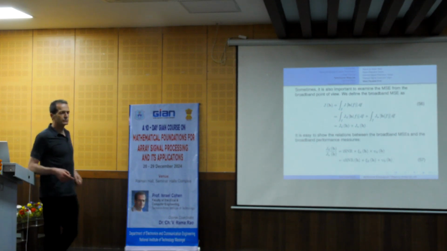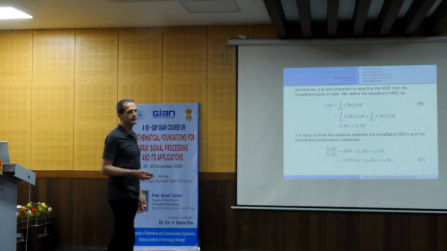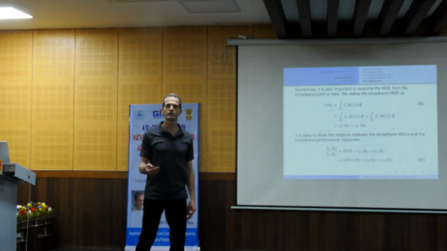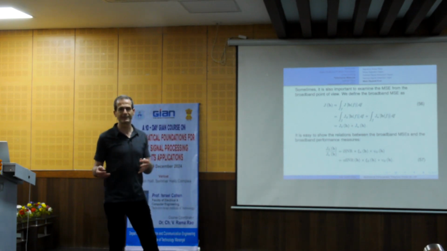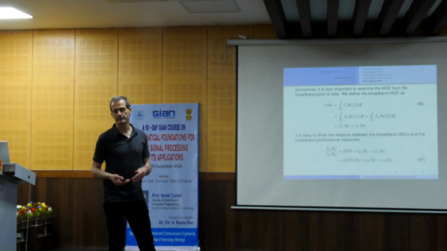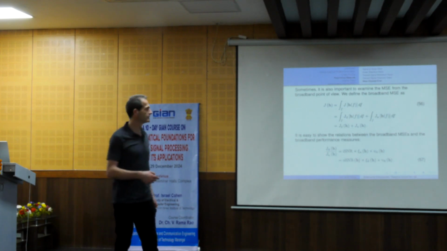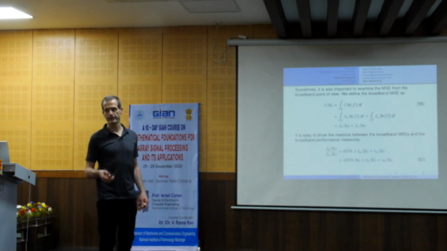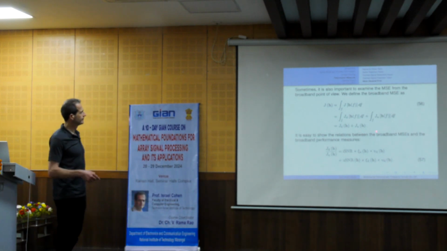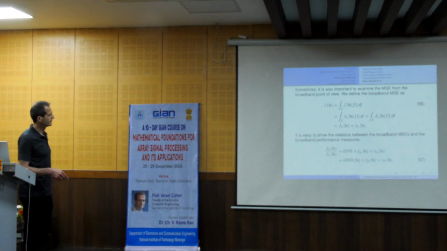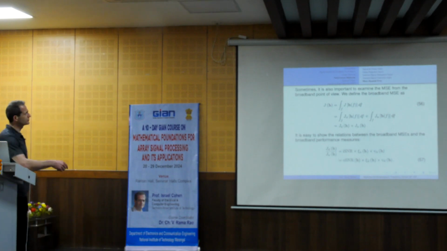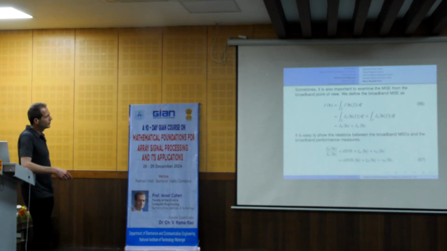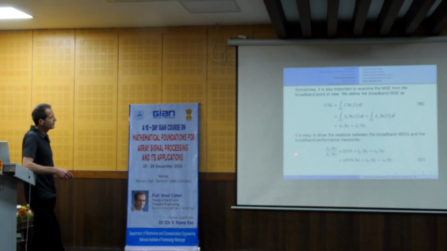And why are we interested in the broadband? Because usually, if we work with broadband signals, we want to optimize the performance for the broadband performance measures. Okay? And we have different relations between the narrowband and broadband performance measures.